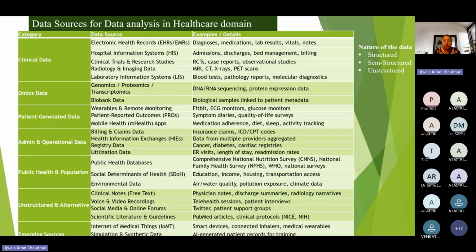It can be structured, semi-structured, or unstructured. Hospital information and all different kinds of information systems typically come under structured data, right? Then radiology imaging is something unstructured. Then your social media videos or voice recordings, all of those are unstructured.